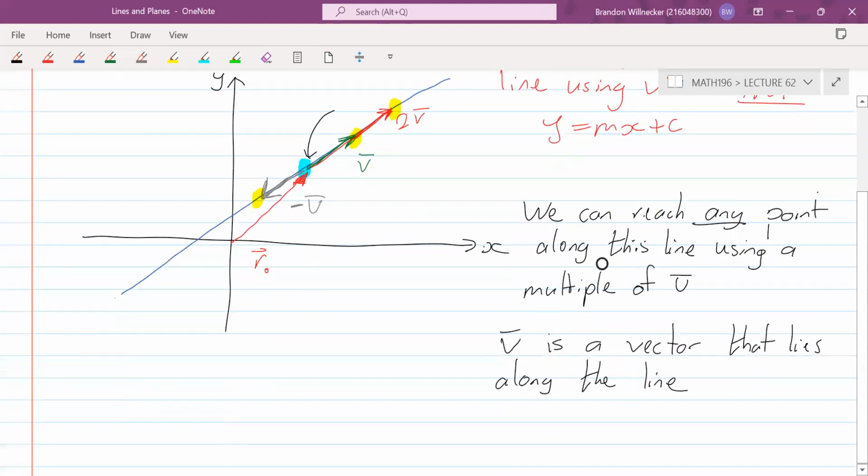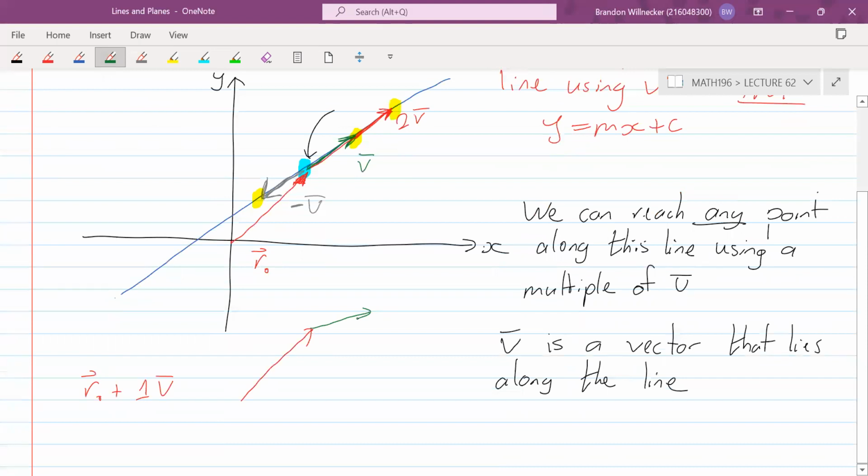Just as an example, if I take R0 plus 1 times v, then this is going to look something like this. We've got R0 going in that direction. v is going in this direction.